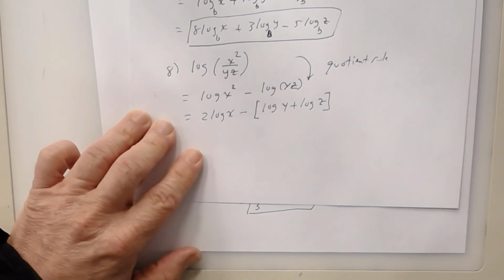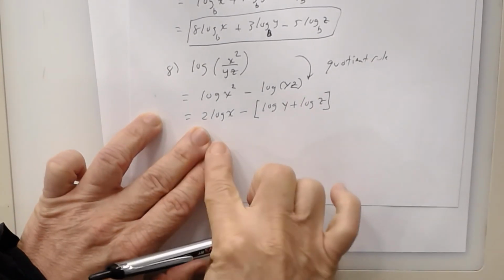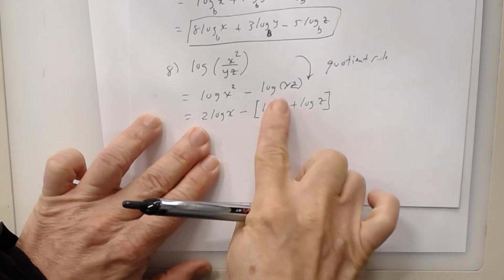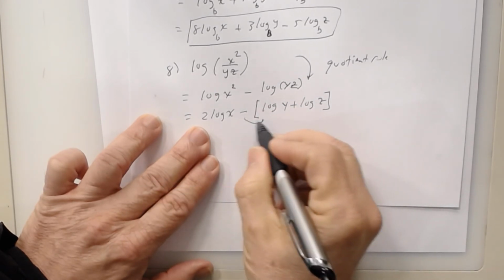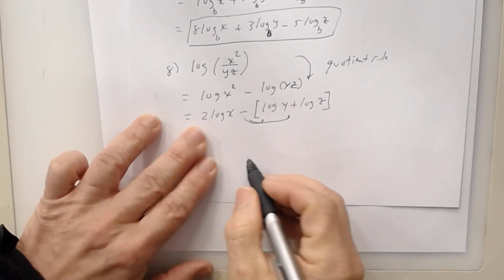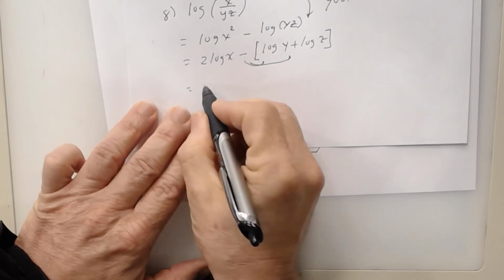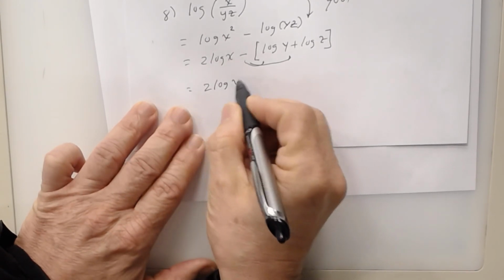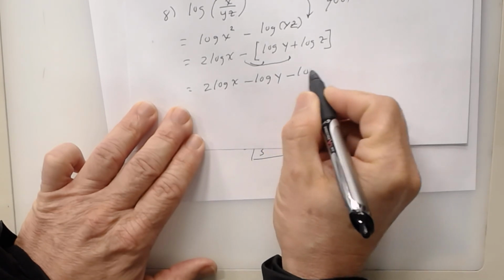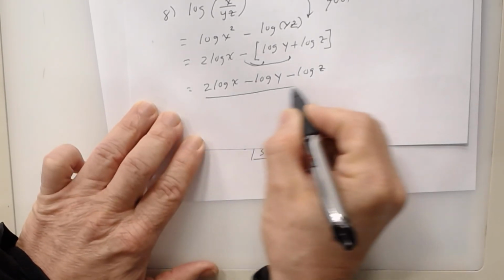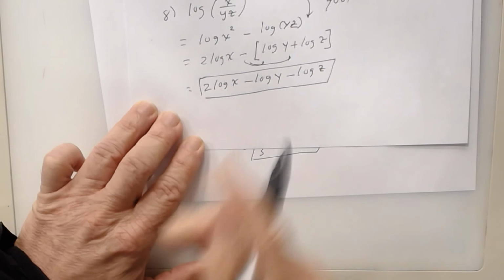You would have told me the answer would have been 2 log x minus log y plus log z. That's not correct. You've got to distribute that negative through here. So what's the answer? 2 log x minus log y minus log z. Okay?